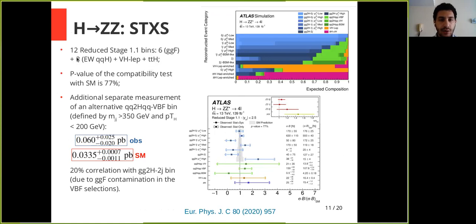Here we also, as I said, we measured 12 STXS. In addition, since most of the sensitivity of the VBF production mode was coming from the region where the invariant mass of the dijet system was high, we also performed a separate measurement there, and this is the result.